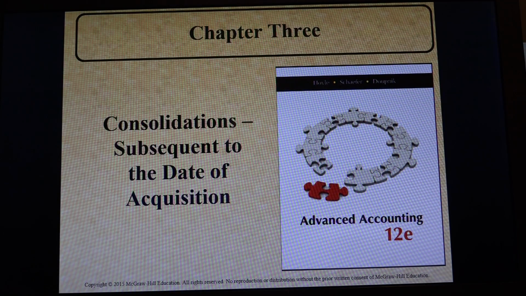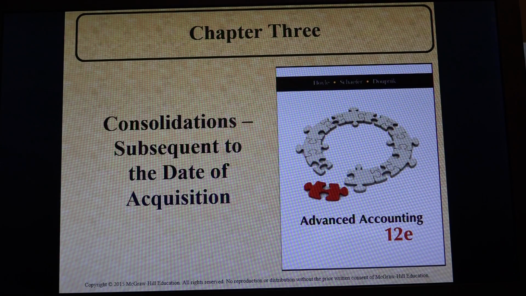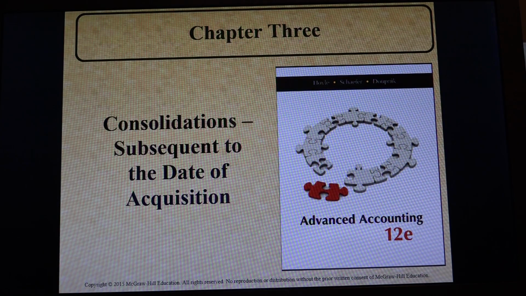And then we had the consolidation entry A. That's where we added the market value, the amount above book value of certain assets of the acquired company.